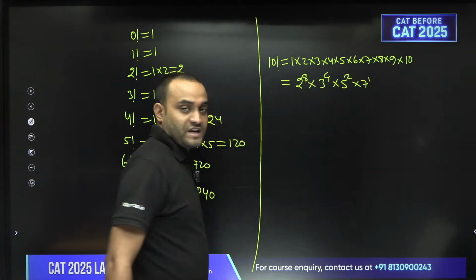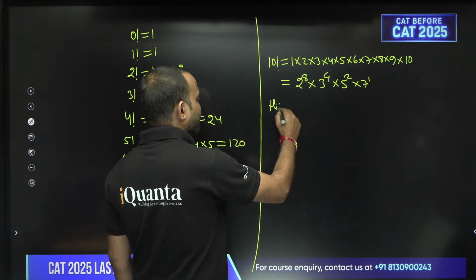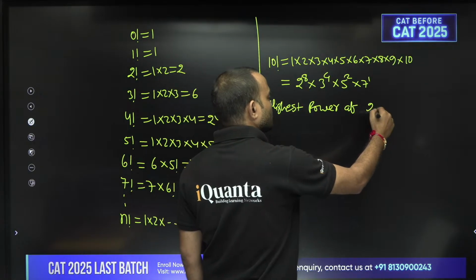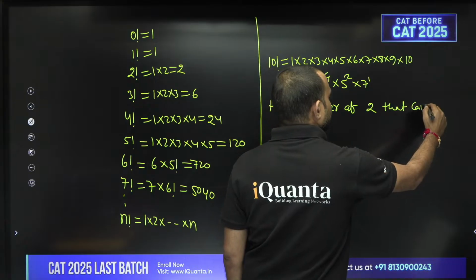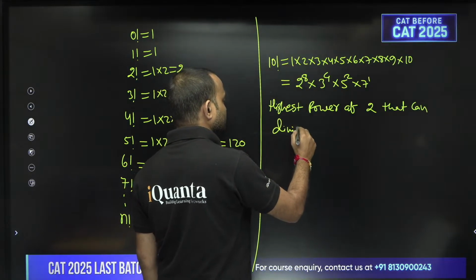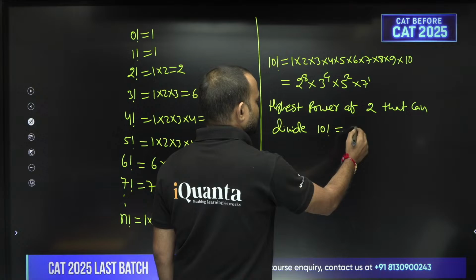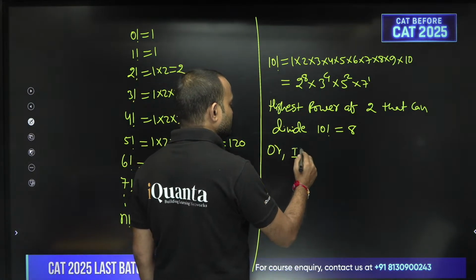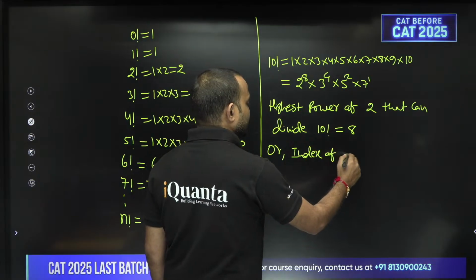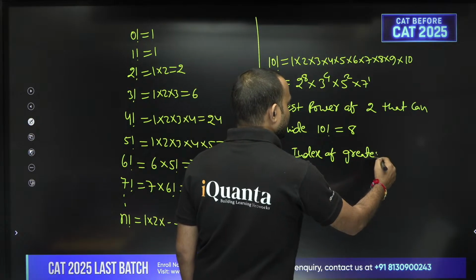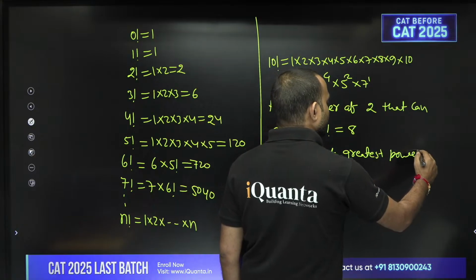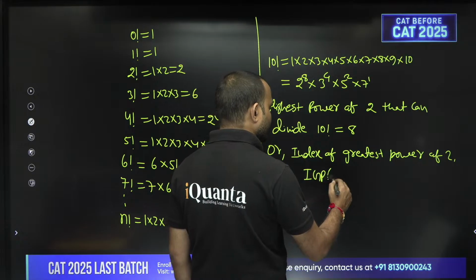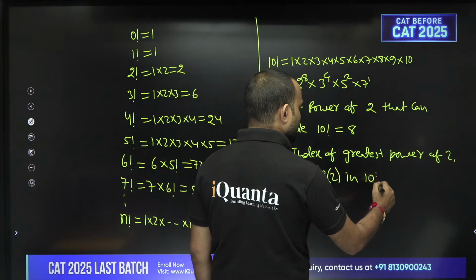Okay. So what we can say, that highest power of 2 that can divide 10 factorial is equal to 8, or we can also write it that index of greatest power of 2, which is also known as IGP of 2 in 10 factorial.